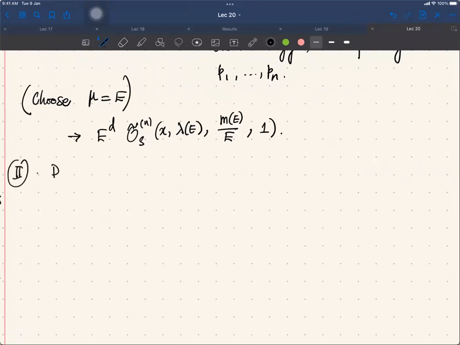Next, define the renormalized parameters, the couplings m mu and lambda mu.